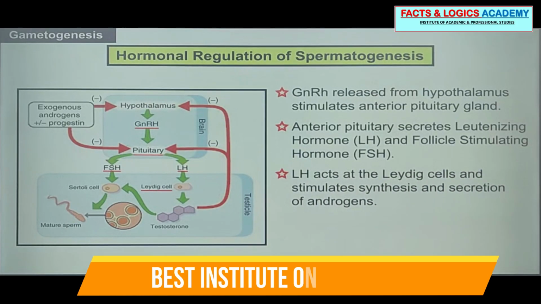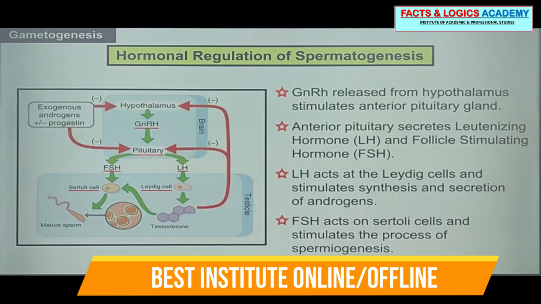LH acts at the Leydig cells and stimulates the synthesis and secretion of the androgens. We have discussed in our previous modules that Leydig cells secrete androgen, and this hormone stimulates the process of spermatogenesis. When spermatogenesis is complete, FSH acts on the Sertoli cells and stimulates the process of spermiogenesis, and thus a mature sperm is formed in coordination of the male reproductive system and the endocrine system.